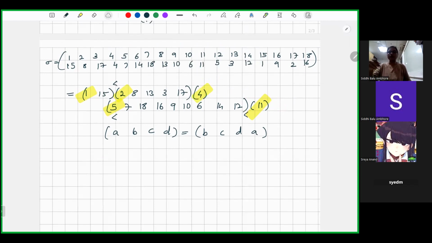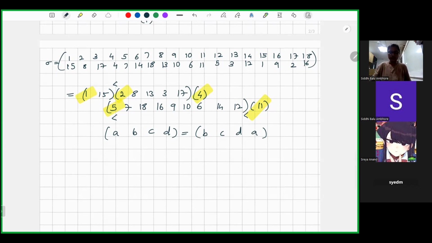For canonical cycle decomposition, we have to arrange the first entry of each cycle to be the least number among that cycle, and each cycle to be arranged such that the first entry is always greater than the previous entry. So that's canonical decomposition.